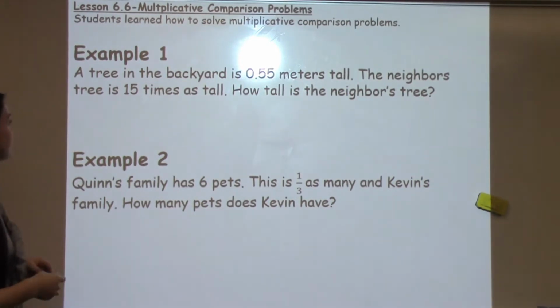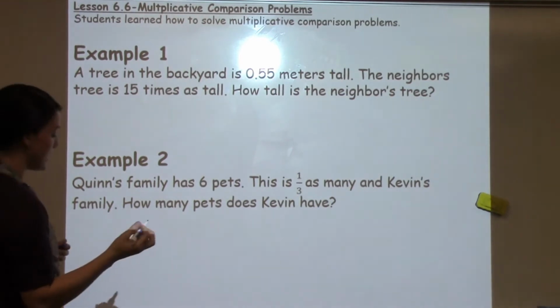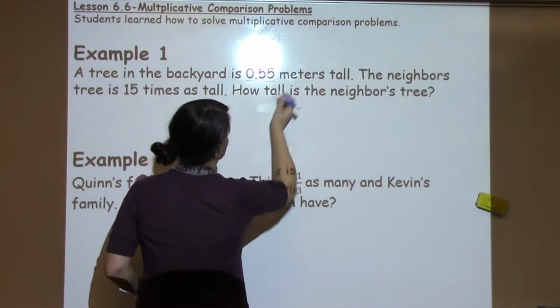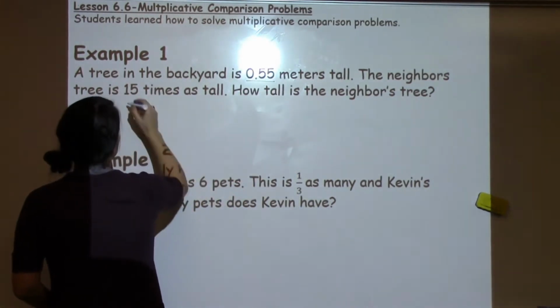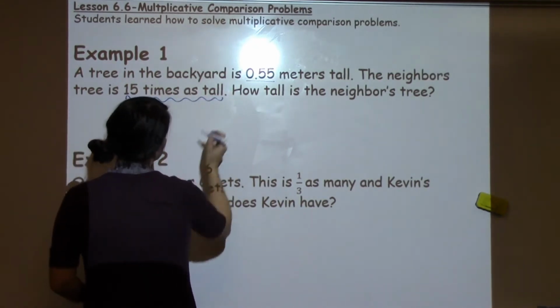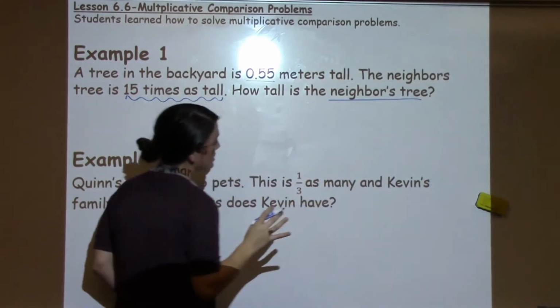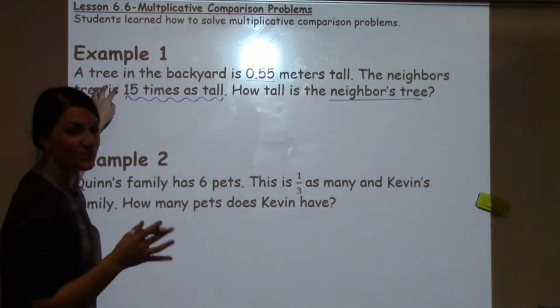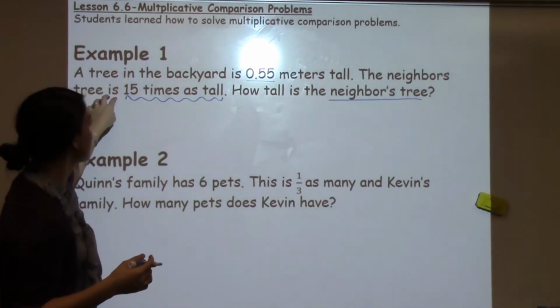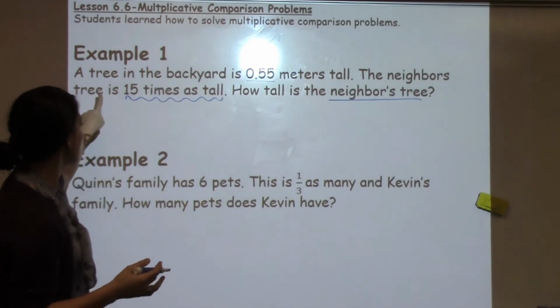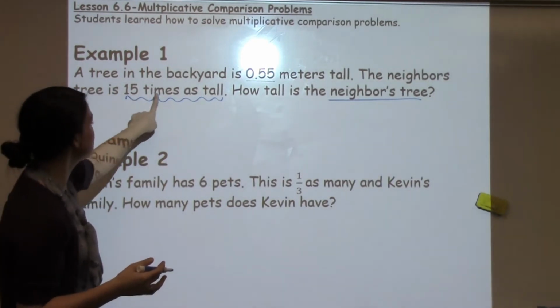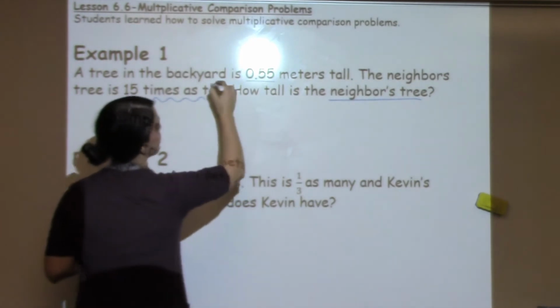So let's take a look at example 1. It says the tree in the backyard is 5,500 meters tall. The neighbor's tree is 15 times as tall. How tall is the neighbor's tree? So I'm not looking for anything that has to do with my tree in the backyard. I'm looking for how tall is the neighbor's tree, which it gives me a hint here. It's 15 times as tall as the other tree.